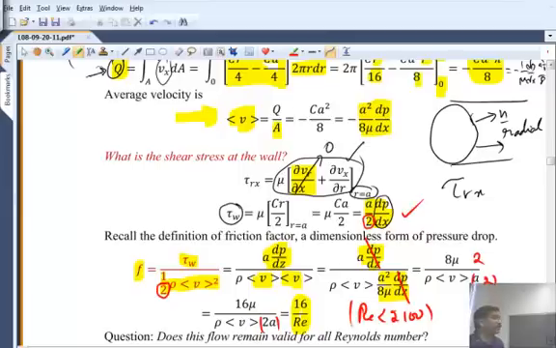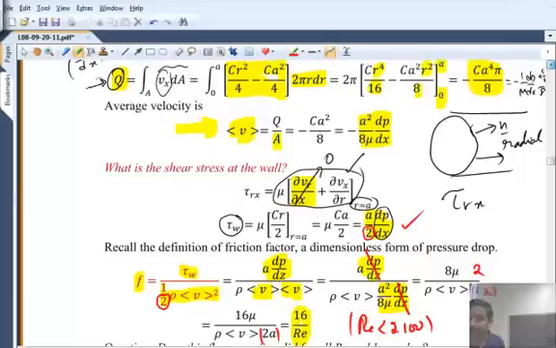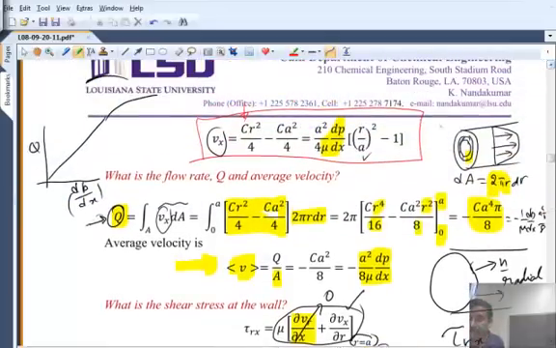But the surprising thing is that this result that we have for the velocity profile, flow rate, stresses, etc., does not have Reynolds number in it anywhere. It seems to be independent of Reynolds number. And that is the puzzle. So that means that it should be valid for all Reynolds number. If there is a Reynolds number in this expression, you can say, okay, it varies with Reynolds number in a certain way.